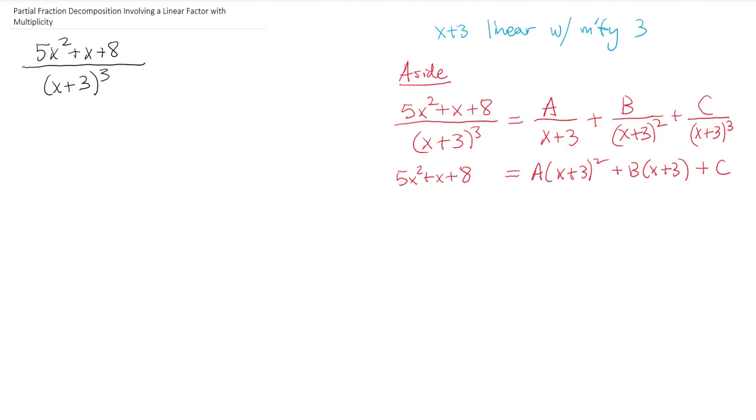Since we do have a linear factor, it makes sense to test this triple star equation. So why don't we test, let's say x equals -3.